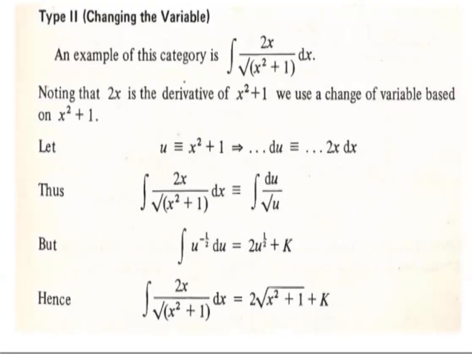Good. Now look at changing the variable now for fractions or quotients or rational functions. So here, again, the same thing holds. If you see the bottom here, right? When you look at the inner function here, the bottom, when you differentiate that, you get what is on top there. Or even if you don't get it exactly, you get a multiple or a fraction of that.